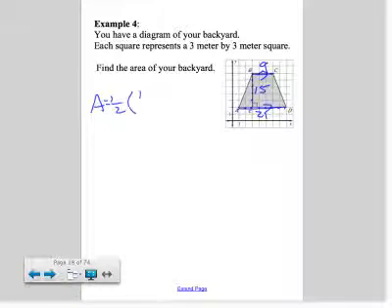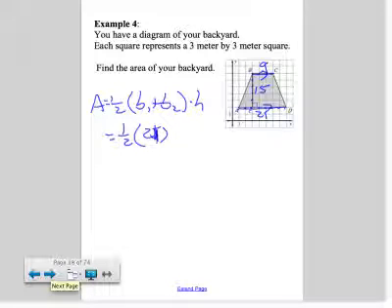1/2 B1 plus B2 times height. B1 is 25. I'm sorry, not 25, 21. B2. I'm goofing this up. I'm sorry. 1/2 times 21 plus 9 times height 15.